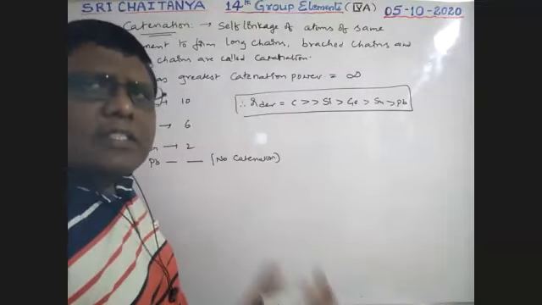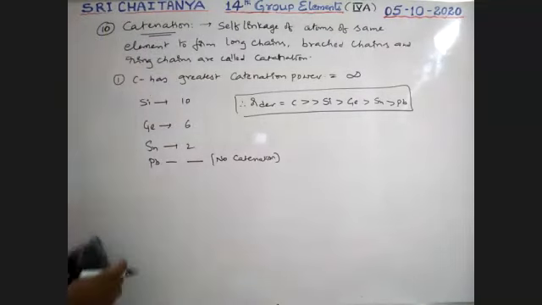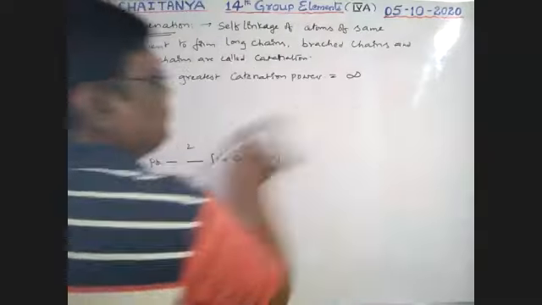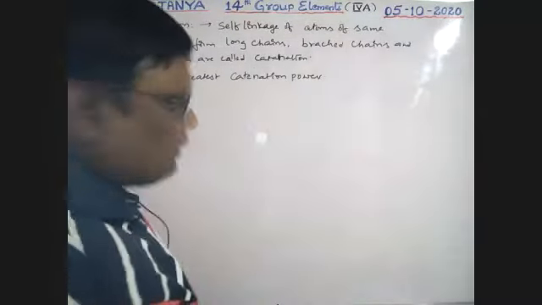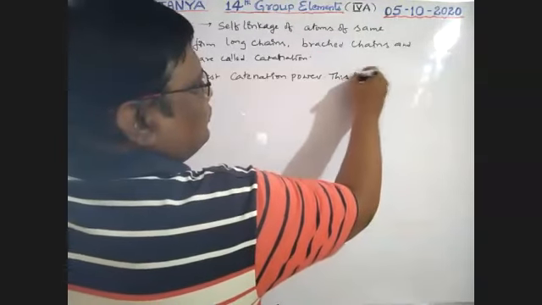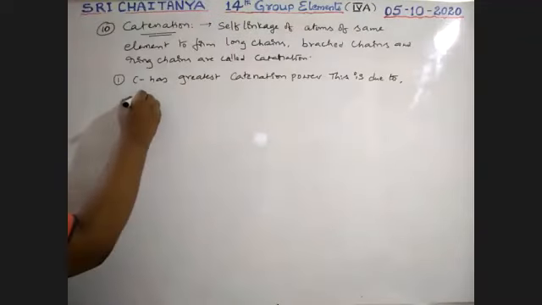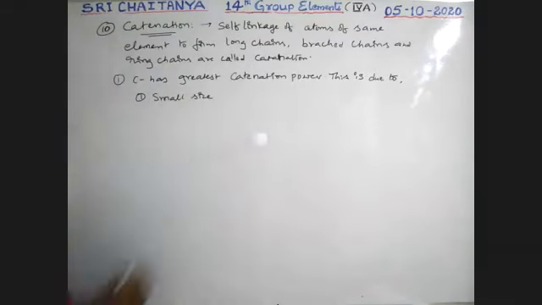Why, sir? Why does carbon have that much catenation power? There are certain properties. Why does carbon have the greatest catenation power? This is due to the first pointer, small size.